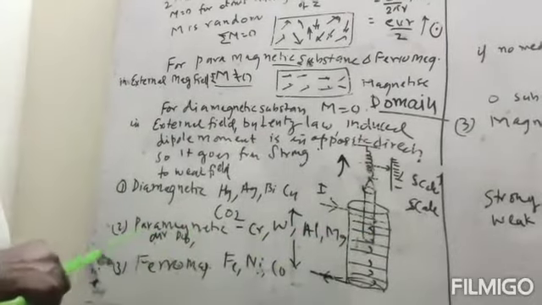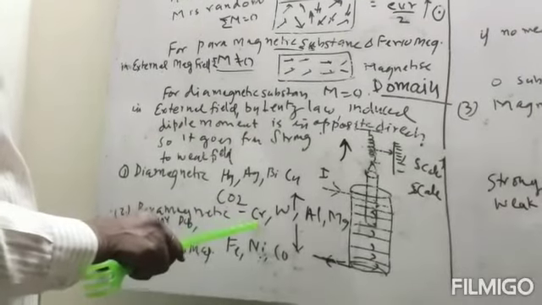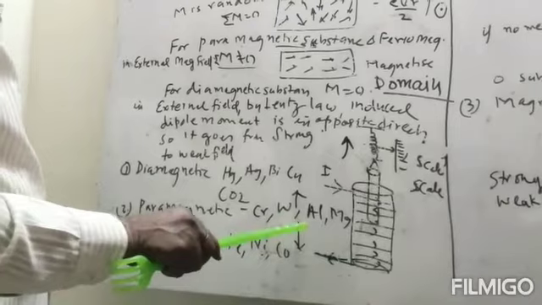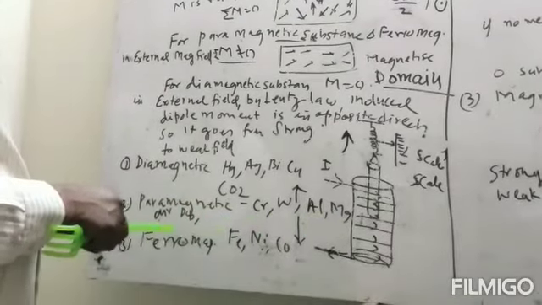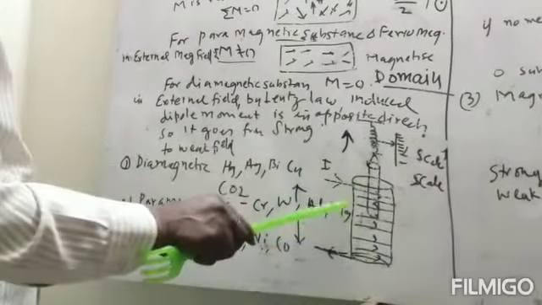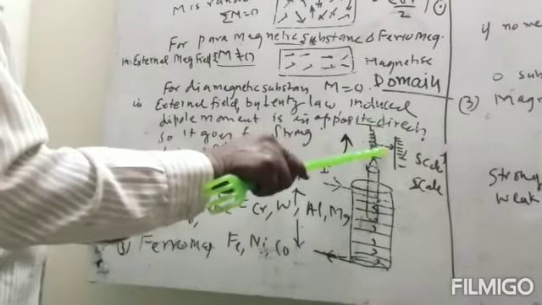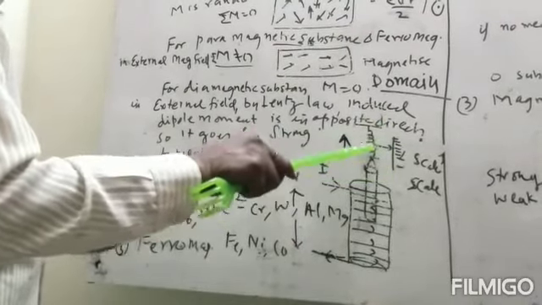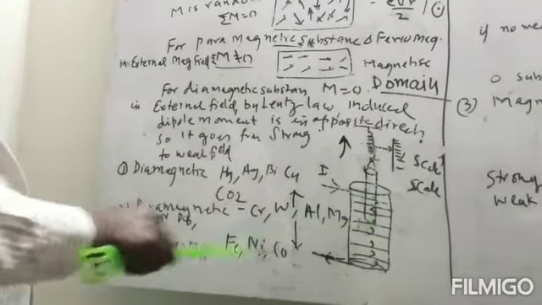Now examples of paramagnetic substances are chromium, tungsten, aluminum, magnesium, etc. They will be attracted, so the pointer will go down. It will be attracted by the magnetic field.